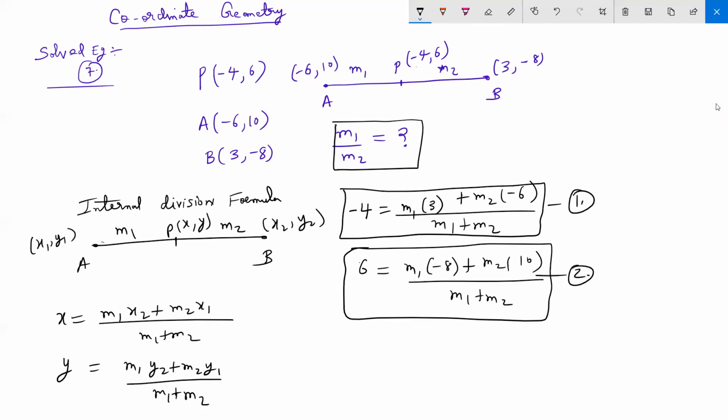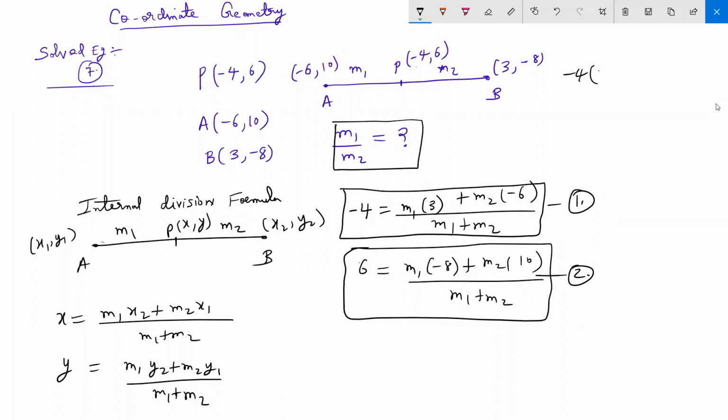These are the two equations as per internal division, for the x and y coordinates of the point P. It is not a midpoint. If it divided in a 1:1 ratio, then it would be called a midpoint. So here I will solve equation 1 first.